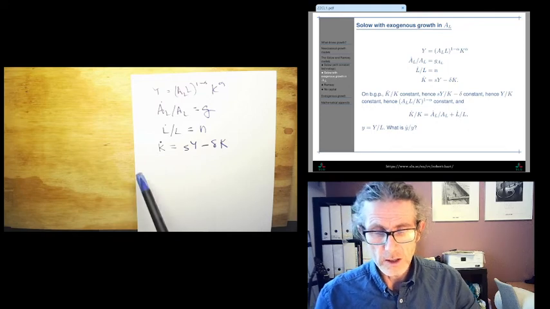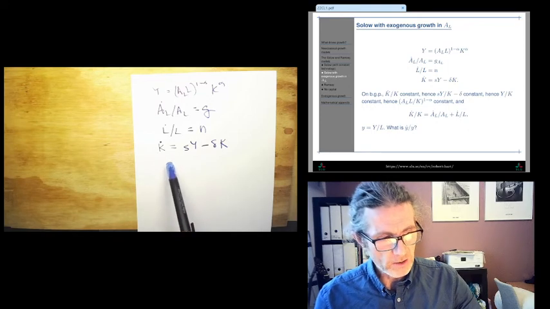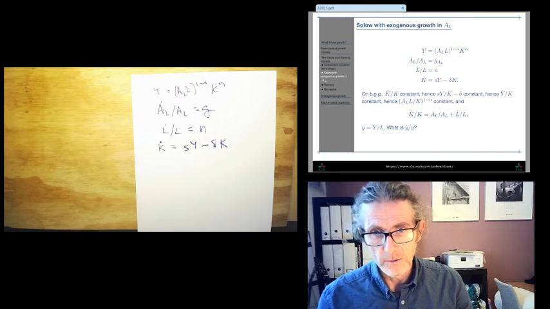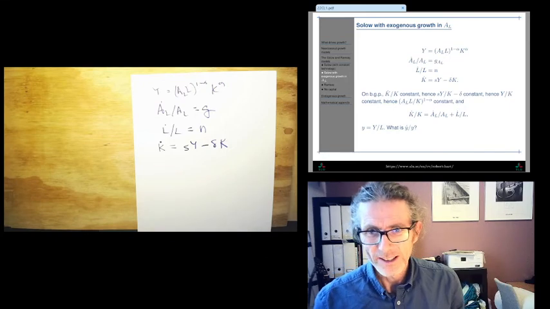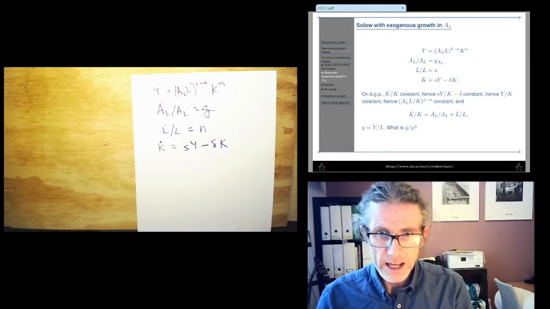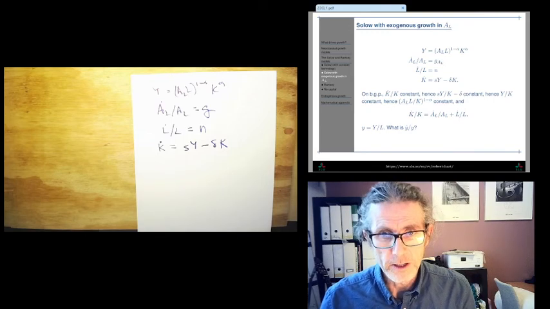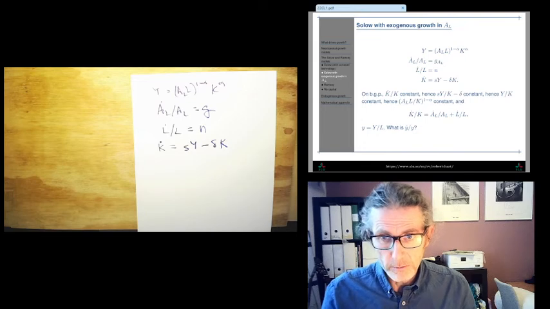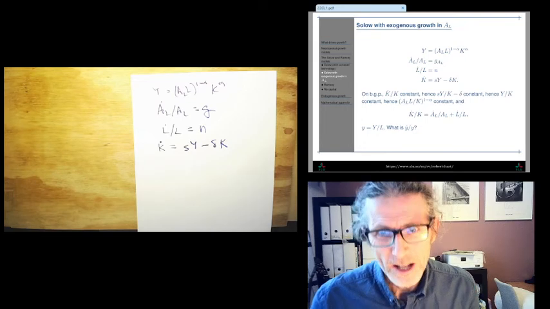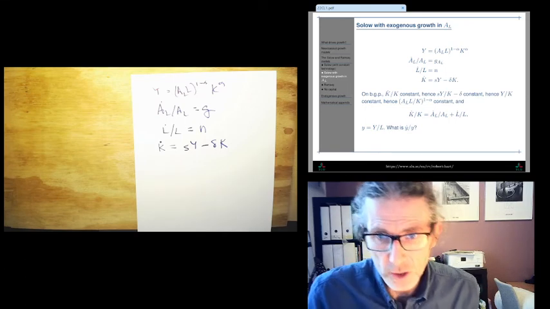And you can think the K(t+1) minus K(t) for continuous time, we're replacing that by K dot. It's the extra K over a short period of time, not the growth rate, but the extra K in a short period of time.